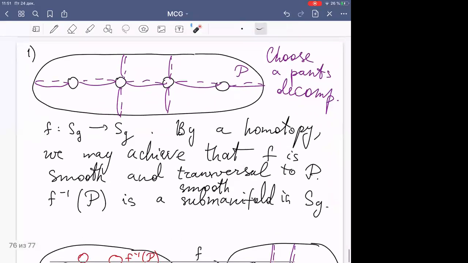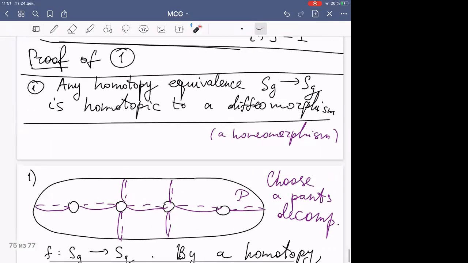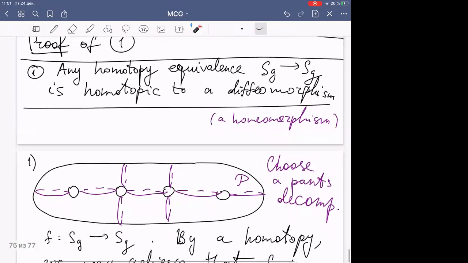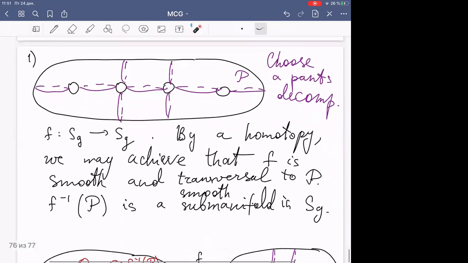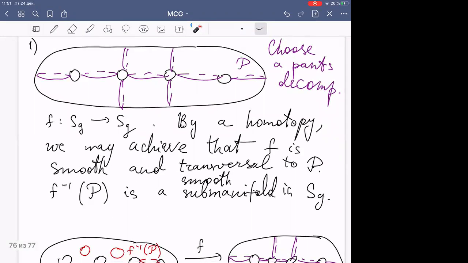First, we choose a pants decomposition of our surface, for instance this one, but actually any of them. Then we have a homotopy equivalence of S_g to S_g, and by homotopy we achieve that this homotopy equivalence is smooth and is transversal to this pants decomposition.